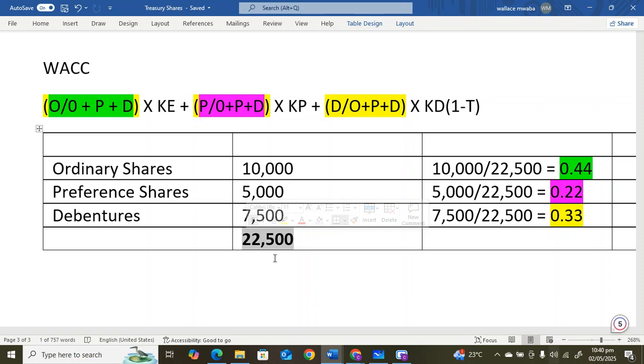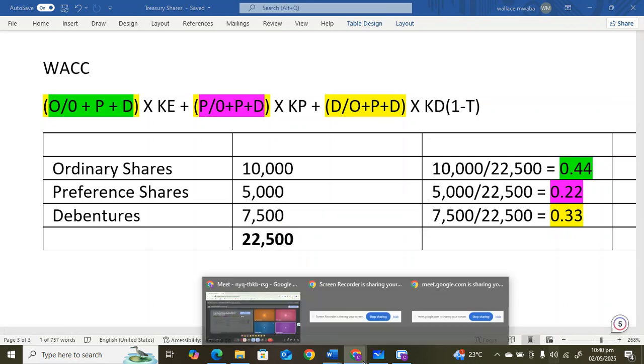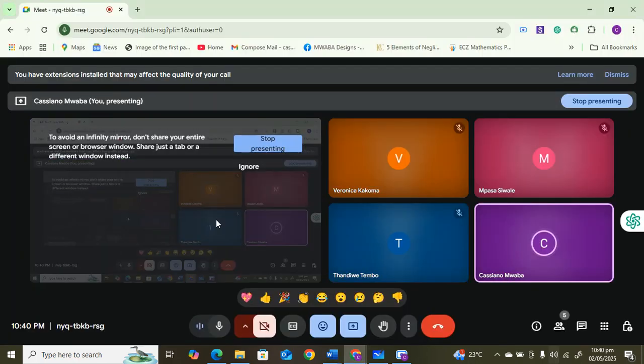Yes, because this topic gets students confused and they don't understand it. So I'm trying to simplify it as much as I can and how you can tackle the questions. Okay. So that's how you get the weights using book values.